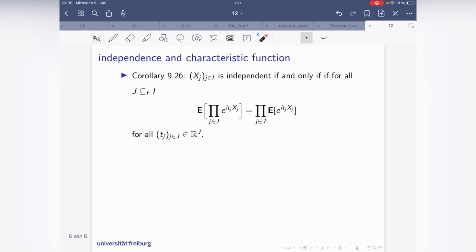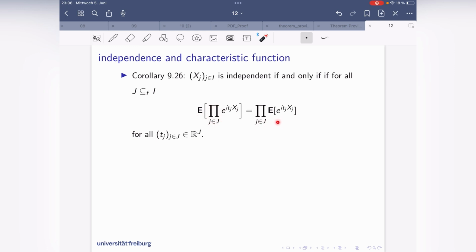Another application is independence. Like so here. A family is independent if and only if for all finite subsets J of I, the expectation of the product here is the product of the expectations.